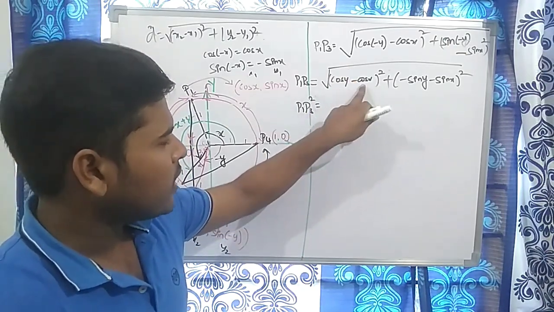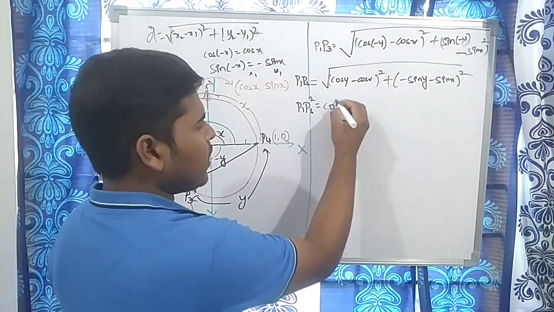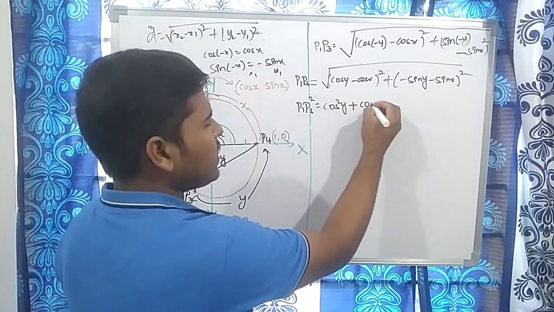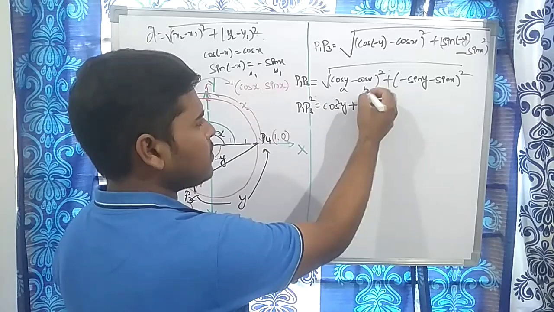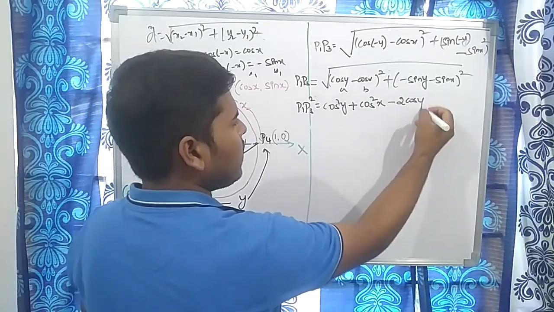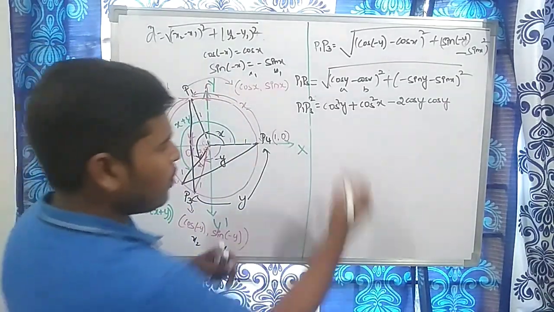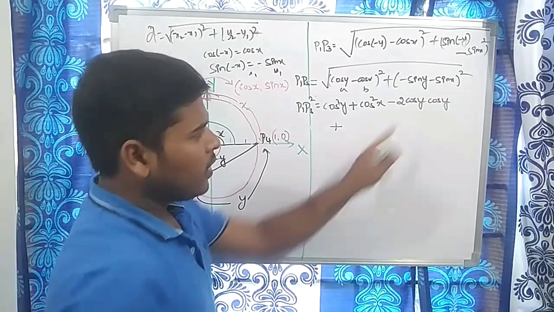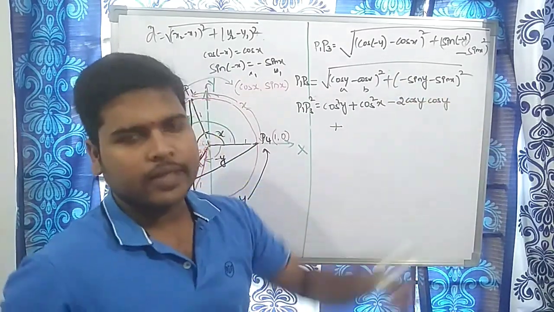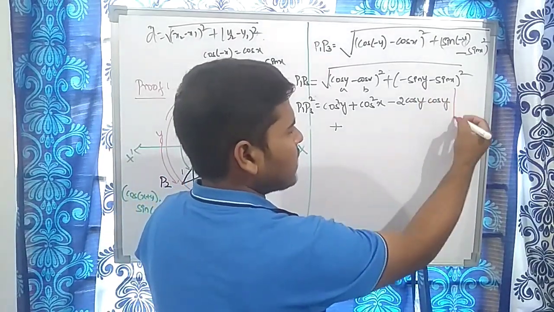See the inside term, it looks like a minus b whole square, which is a square plus b square minus 2ab. Here it is a, it is b. Then plus, observe here, minus sin y minus sin x. For calculation purposes, first take minus common here.